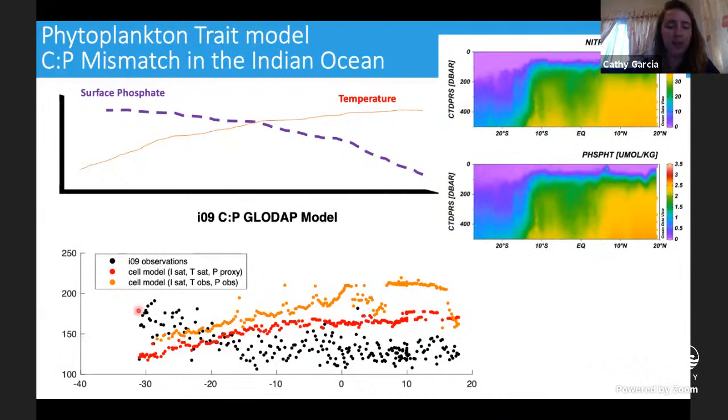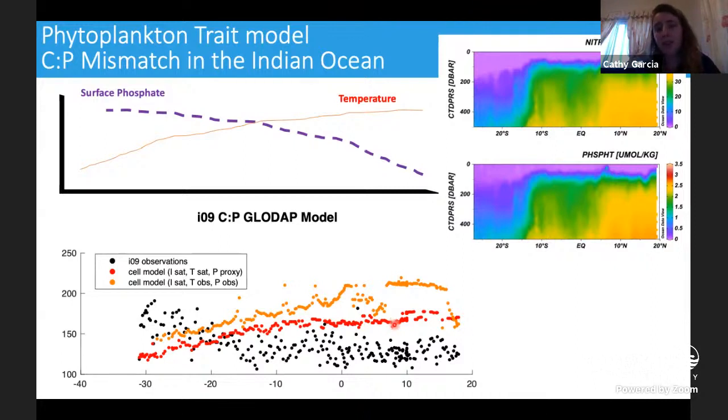The observations are in black, and this is latitude. You can see that decrease in ratio as we move north into warmer waters, but the cellular trait model, using these observations, either the straight P observations or a proxy for phosphate, predicts an increase in C to P.